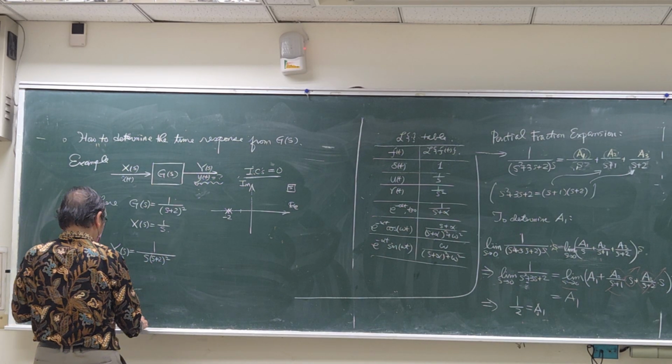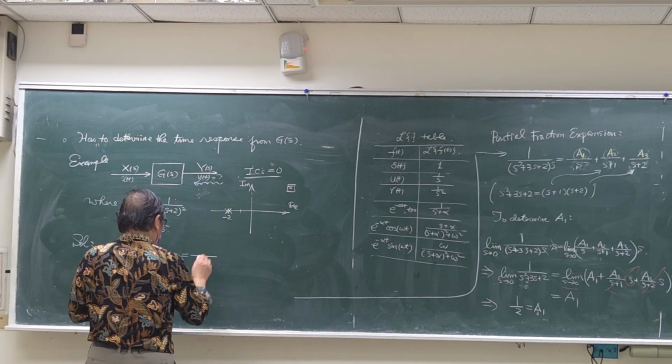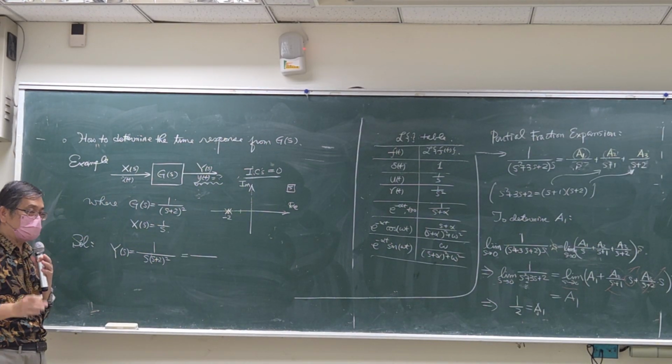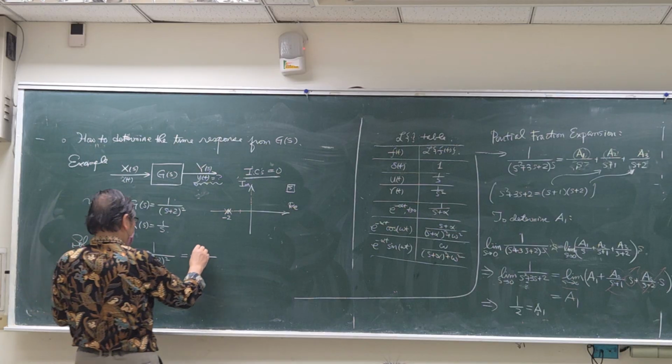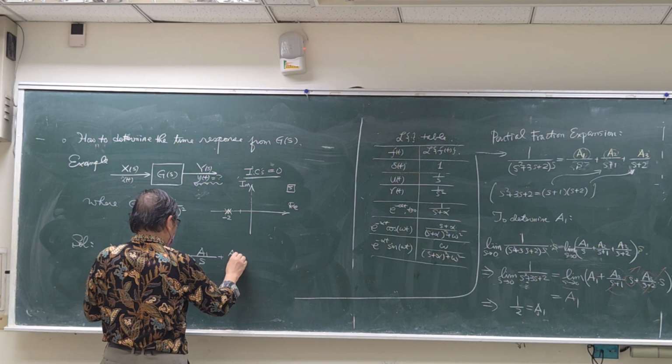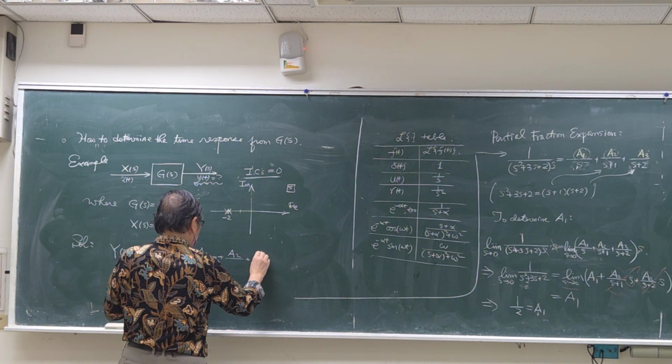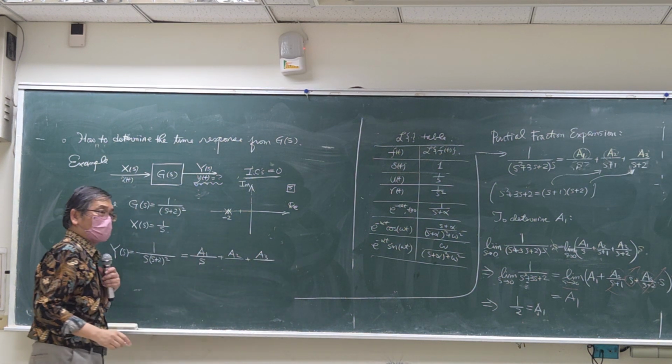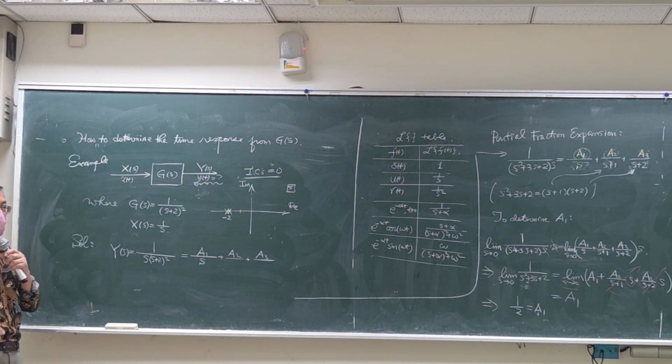And then we are going to write it as a combination of some smaller subsystems, which is going to use A1 over s, A2, and A3. Here I believe that you have known this in high school.